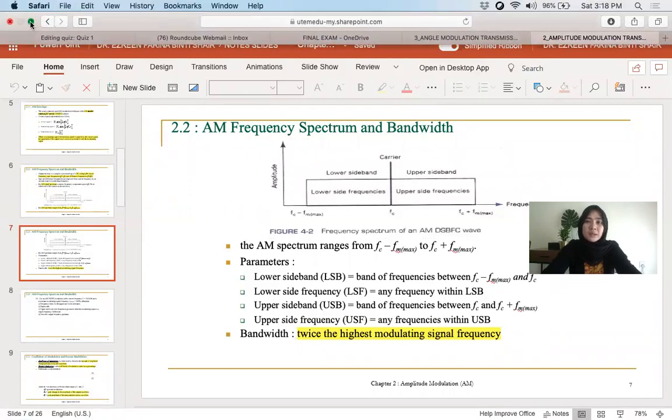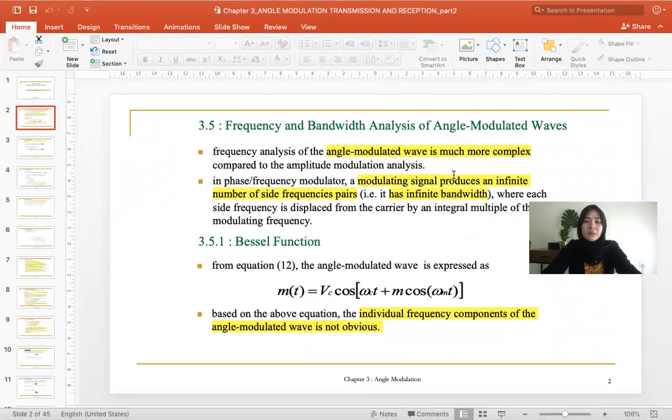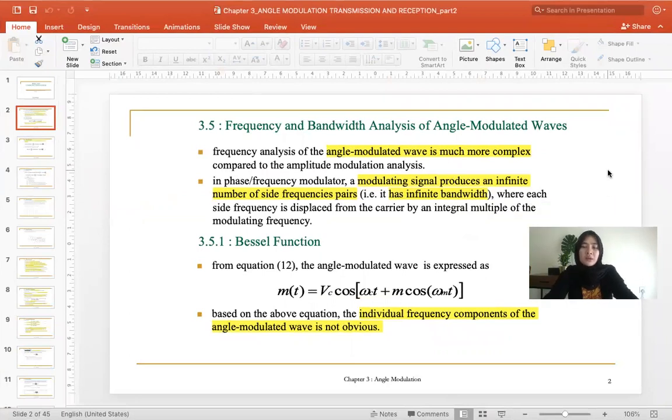Compared to angle modulation, even though you only have one modulating signal, you could have several side frequencies, not just one pair. The side frequencies in angle modulation depend on your modulation index.